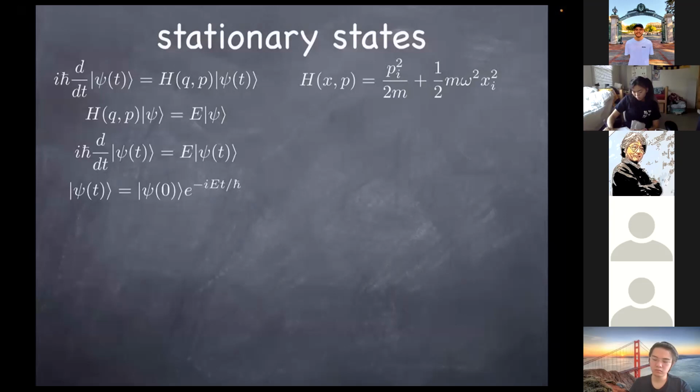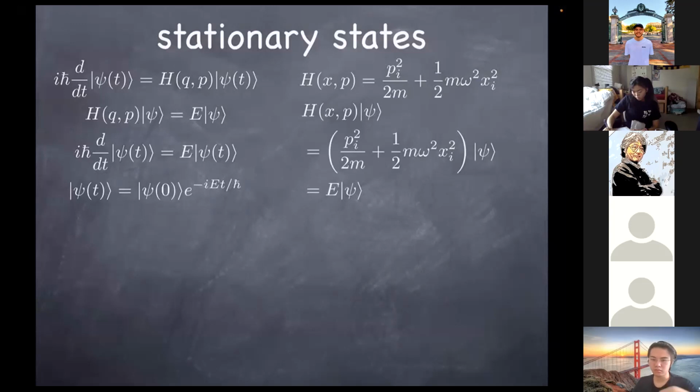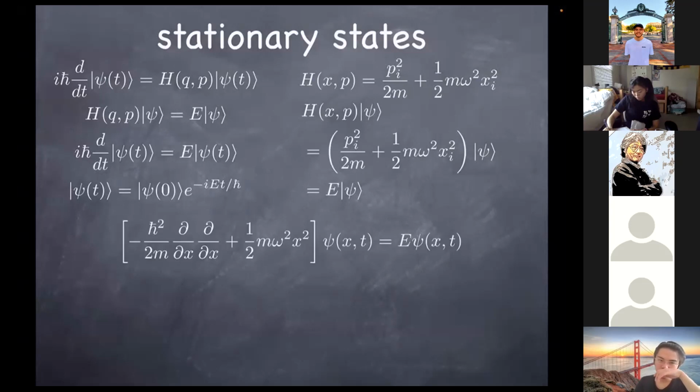In the case of the Hamiltonian for the harmonic oscillator, we have this Hamiltonian, p squared over 2m plus half m omega squared x squared. We now talk about the eigenstate of this Hamiltonian operator with the eigenvalue E. And then you just go ahead and write this eigen equation using the wave function psi in the coordinate space.